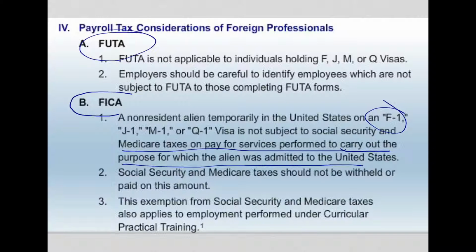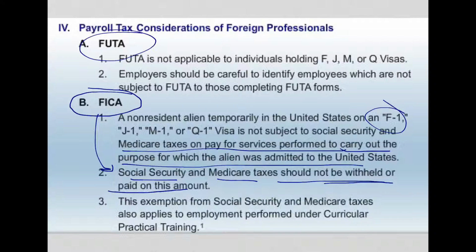Social Security is what FICA is for. And again, you should have had this in Tax 1. It's composed of two parts, Social Security and Medicare. And F1, as well as a couple of these other visa people, do not have to pay the Social Security and Medicare taxes. So that shouldn't be withheld off of your paycheck if you're getting paid.